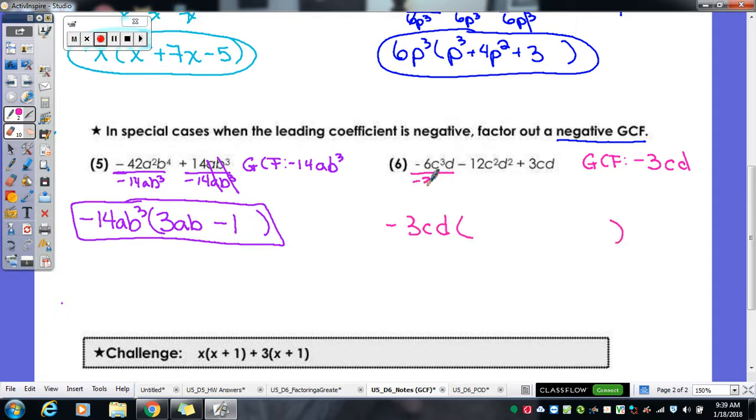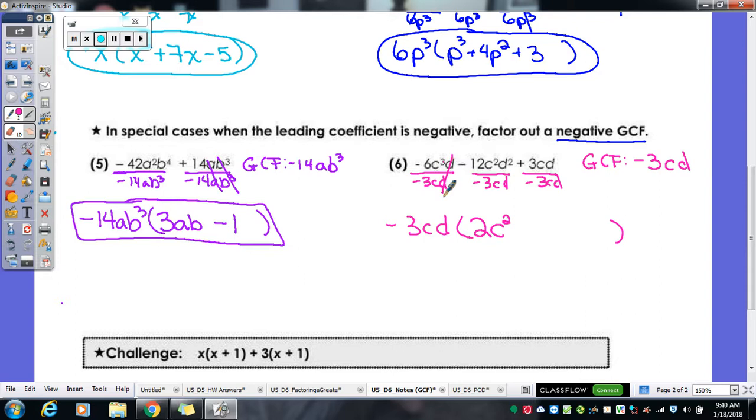And then I'm going to set up to divide. So negative 6 divided by negative 3. And then 3 minus 1 gives me c squared. My d's have the same exponent, so they cancel themselves out. So we get 2c squared as our first term in the parentheses.